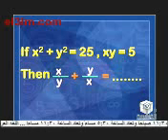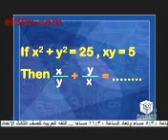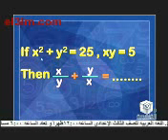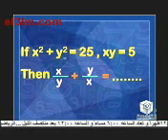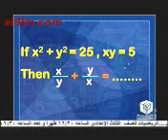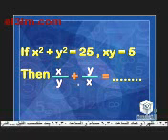I don't have the value of each one, either x or y, but I have a composed number, x power 2 plus y power 2, which is 25, and another one, xy, which is 5. So I must get a common denominator for these fractions.